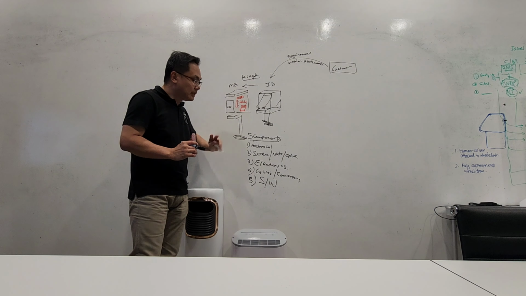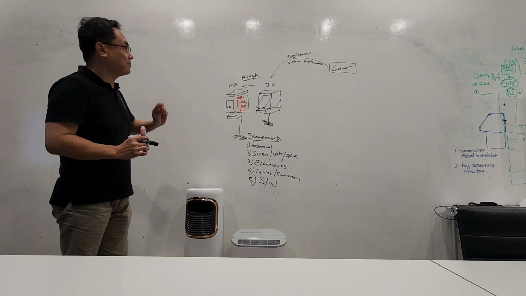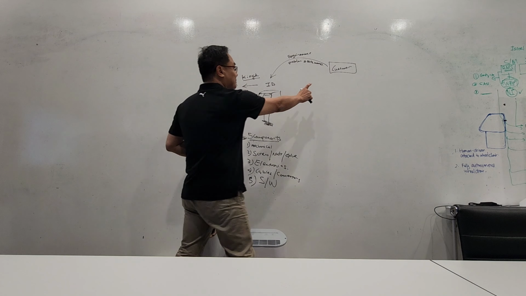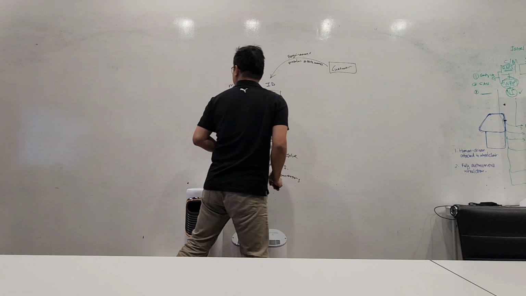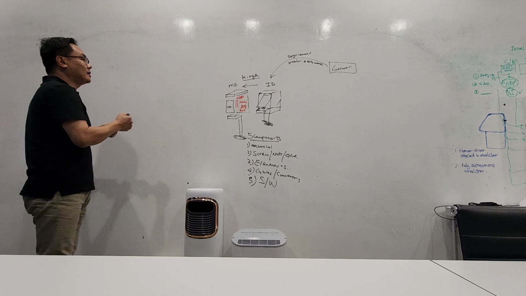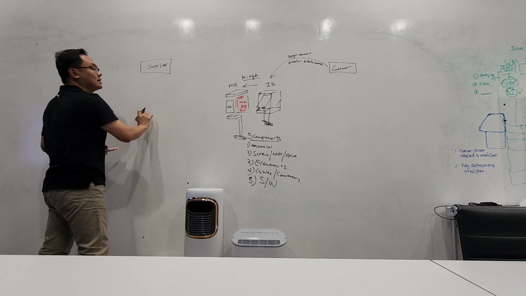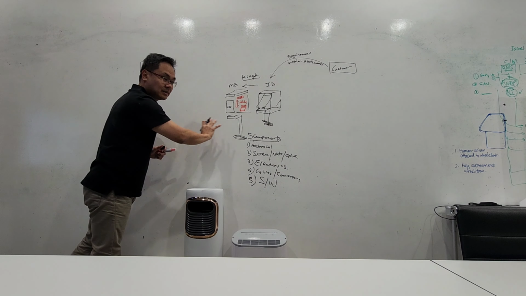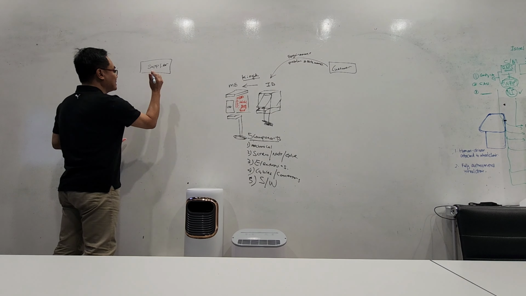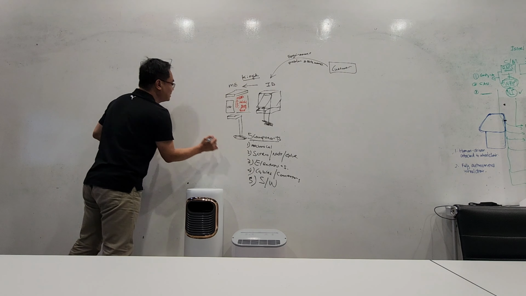Now, once we have all this, what is important in terms of supply chain? That is the customer. This thing here is what I call the supply, as in the suppliers that make all these parts for us. So it can be, for example, all these items.